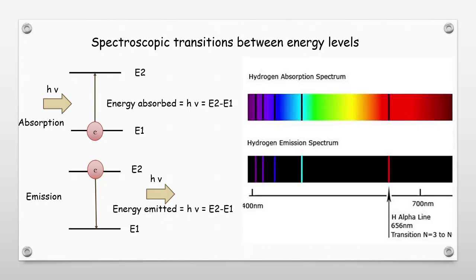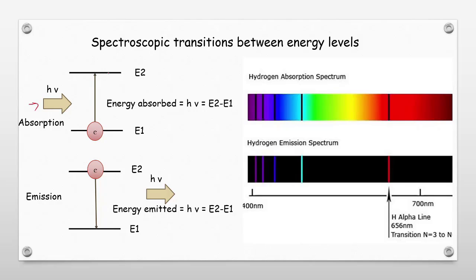So for this, recollect the hydrogen spectrum. There are two types of hydrogen spectrum. One is the absorption spectrum and other one is the emission spectrum. In absorption spectrum, when light is given to an atom where the electron is in the ground state, the electron can take up the energy from the radiation and go to the excited state.